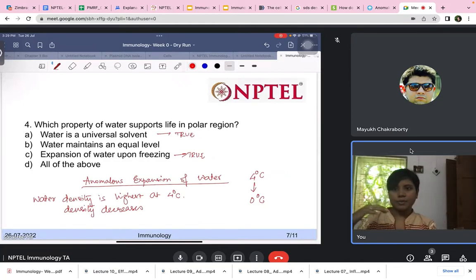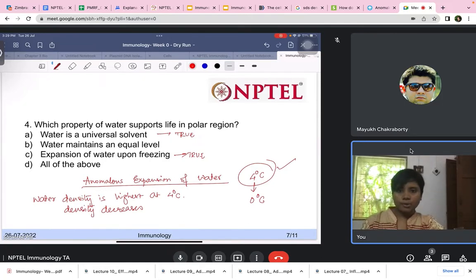So as we go down, the temperature of the water can still be 4 degrees centigrade, and in this 4 degrees centigrade the aquatic animals can survive.